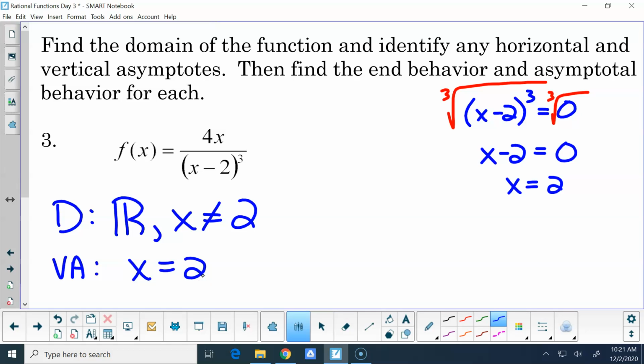Okay. On the top, we have a degree of 1. There's a 1 attached to that variable. On the bottom, we have a degree of 3.